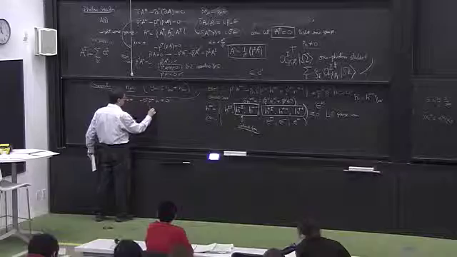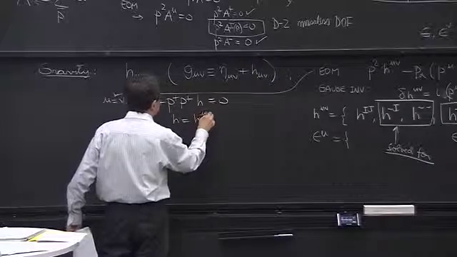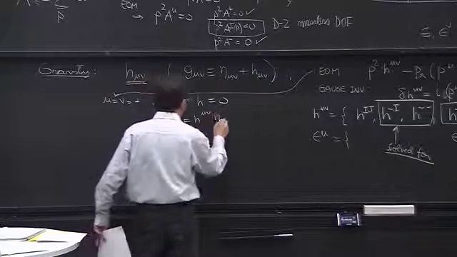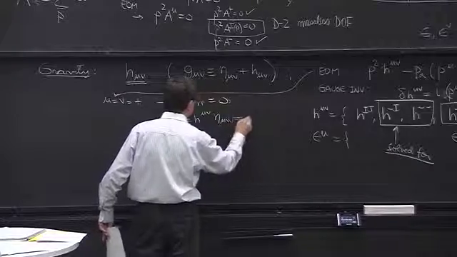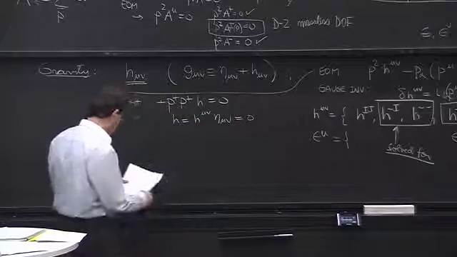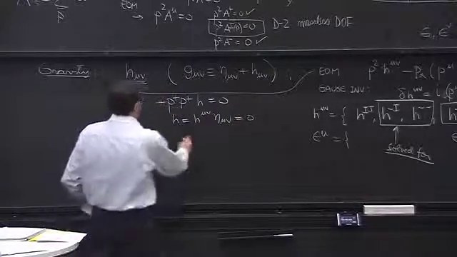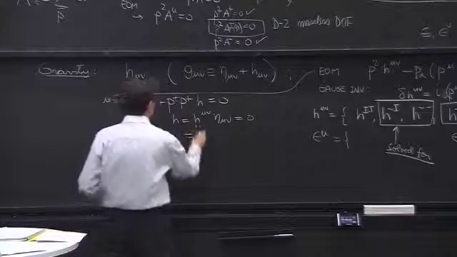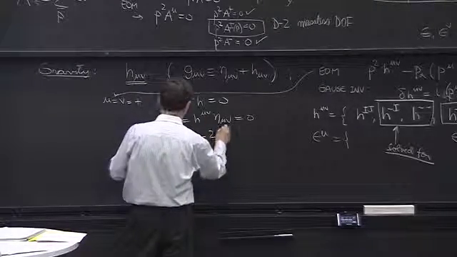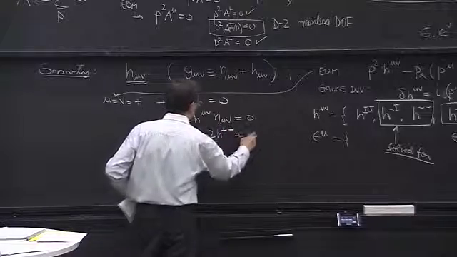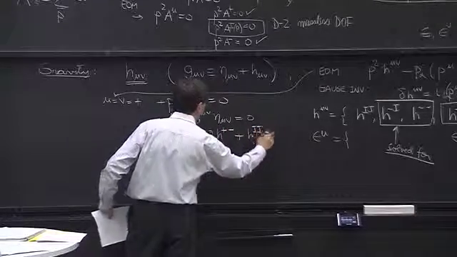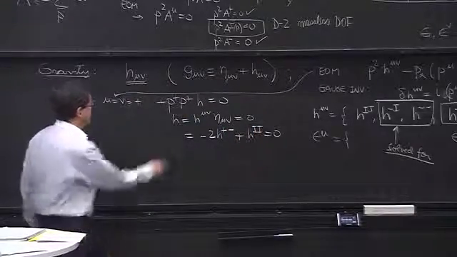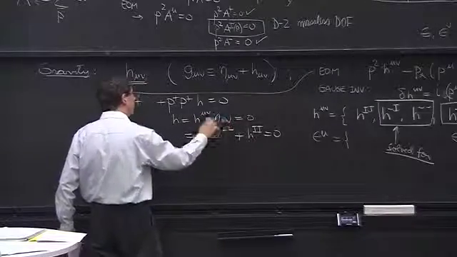So H, which is H mu nu eta mu nu, is equal to 0. So what is this thing? This is minus 2H plus minus plus HII equals 0. Remember, you sum plus, minus, minus, plus.